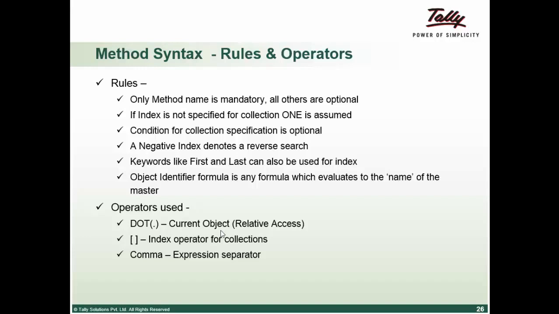Its name. So any object identifier formula should evaluate to the name of its master, right? And the operators that we have provided: dot for the relative access, square brackets for index operators of the collection, and comma for the expression separator.